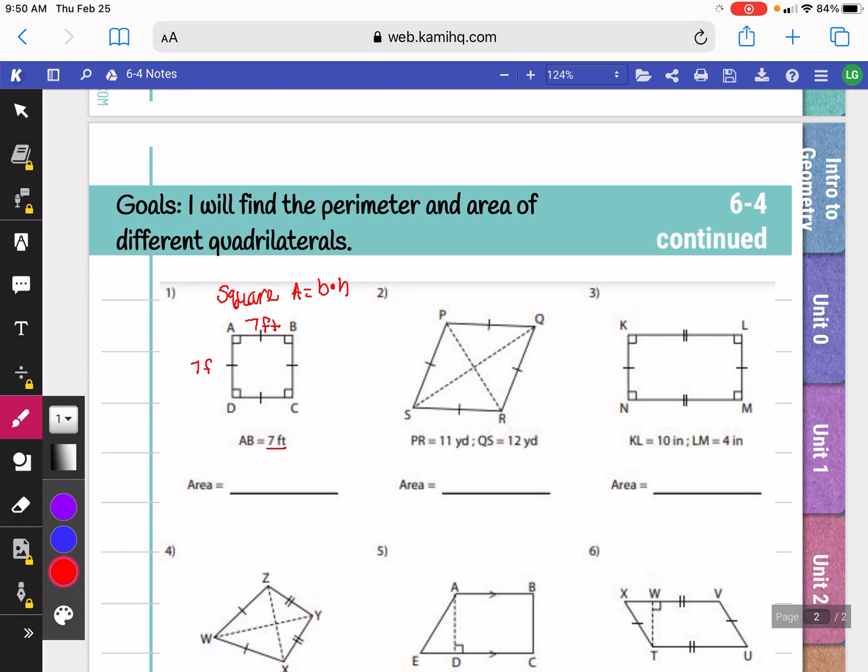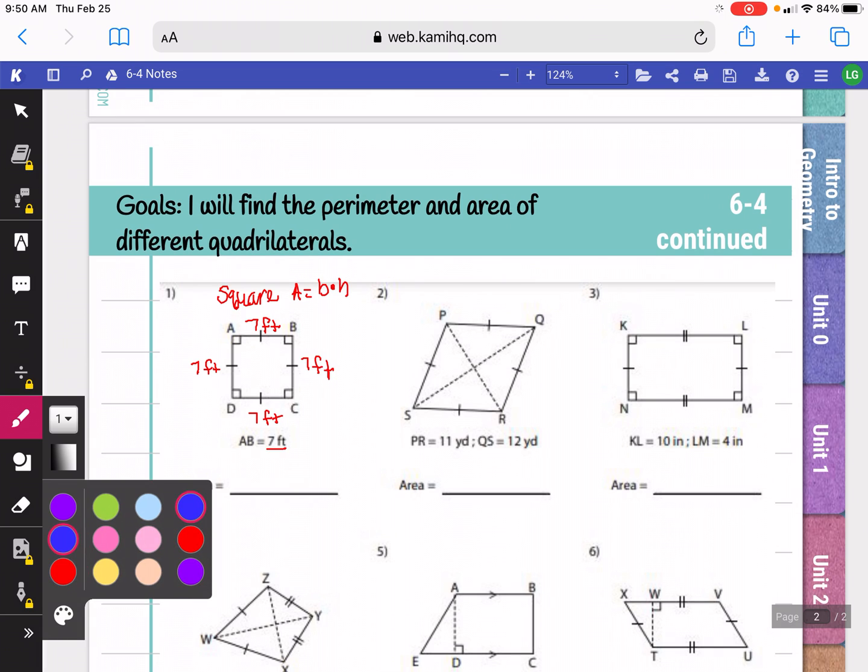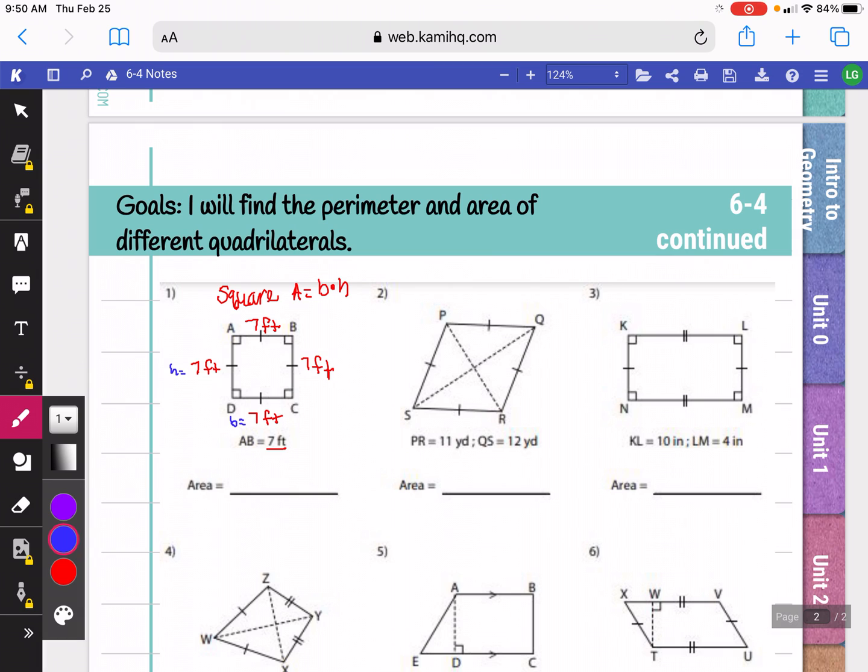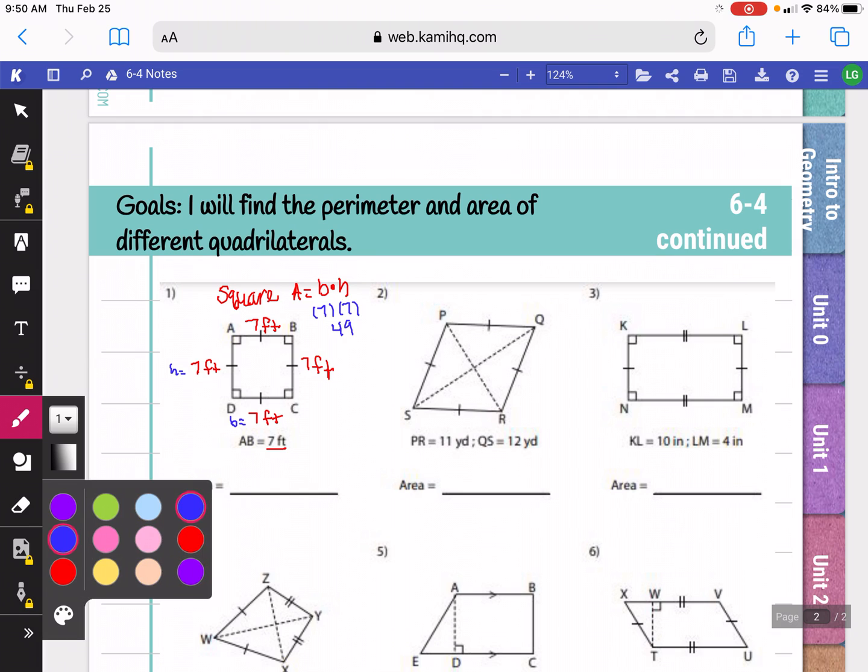And we know all the sides of a square are the same. And I'm going to go ahead and label my base and height in this picture. So now if I plug in, I'm doing 7 times 7, which is 49. And remember, this is area. So instead of being just feet, the units will be feet squared.